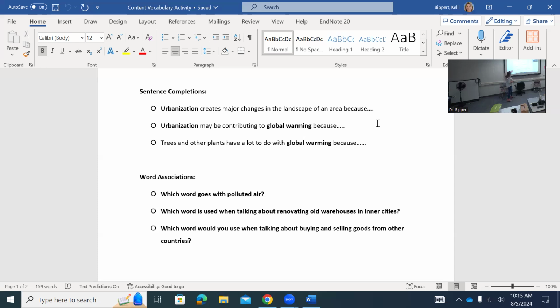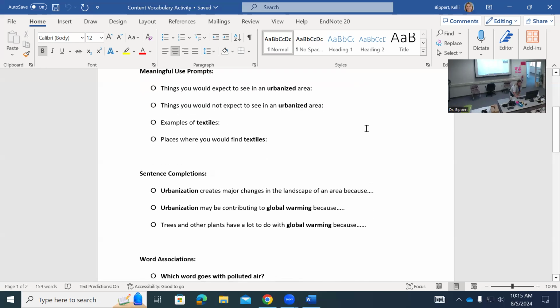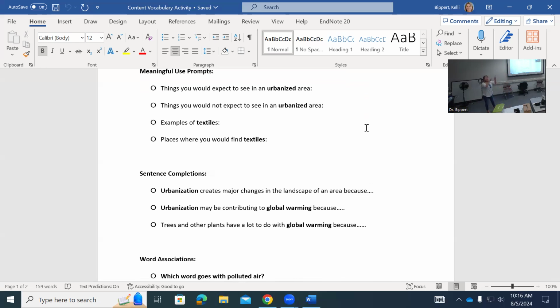So of all of these three different types of meaningful use, or context, the first two, I'm going to expect kids to give me a variety of answers because they're going to use their understanding, perhaps some specific different context. The third one, word associations, you're expecting the students to identify the vocabulary word. But again, it's better than saying match the definition.